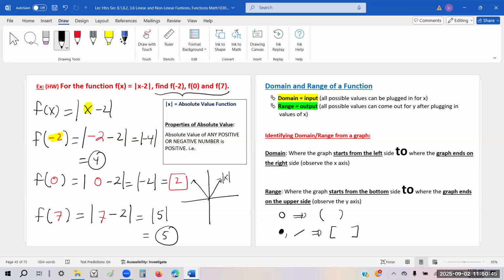If you have a visible closed circle, but there is a line and the closed circle is not visible, just a line, then it's a bracket. But you observe the smallest x to the largest x for the domain, and the smallest y to the largest y for the range.